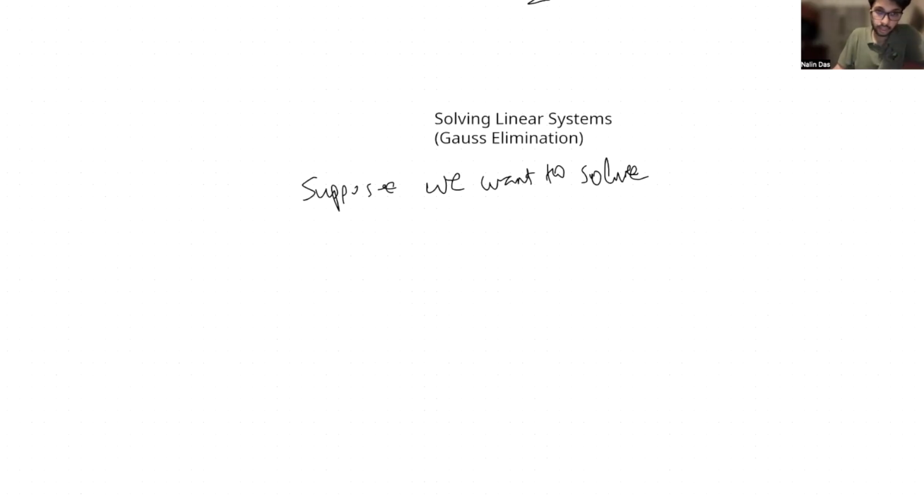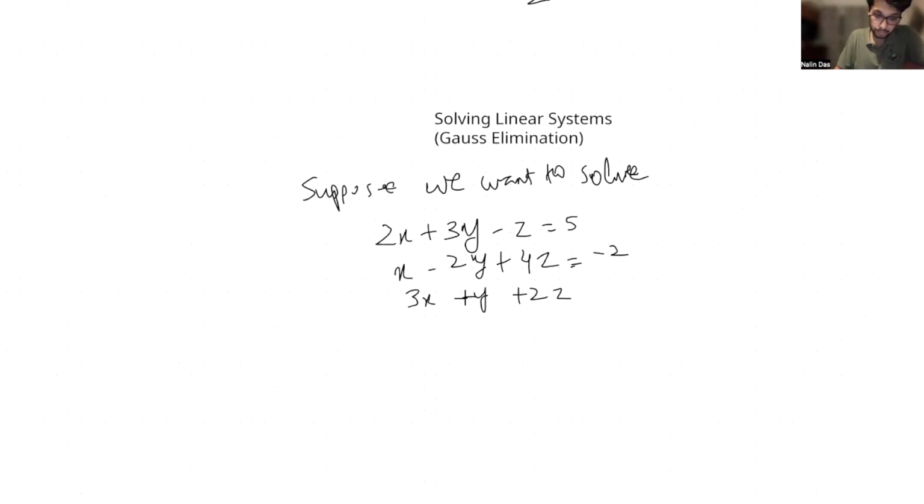Firstly, let's say we have 2x plus 3y minus z is equal to 5. We have x minus 2y plus 4z is equal to minus 2. Then we have 3x plus y plus 2z is equal to 7.